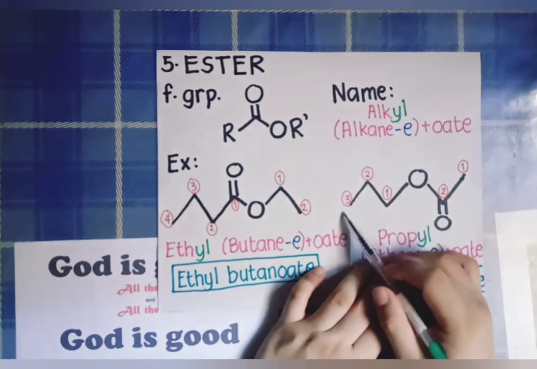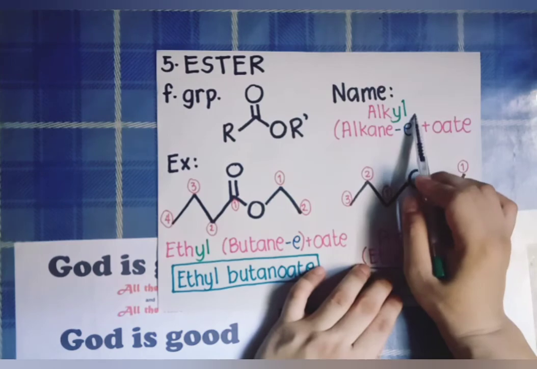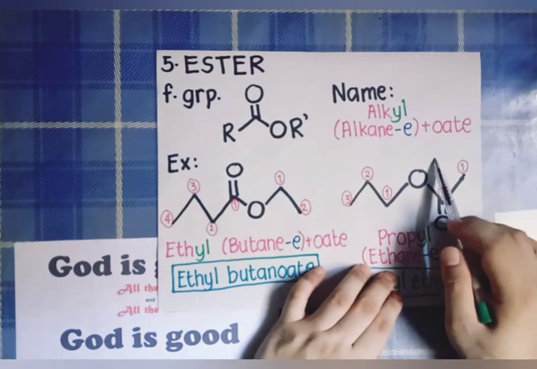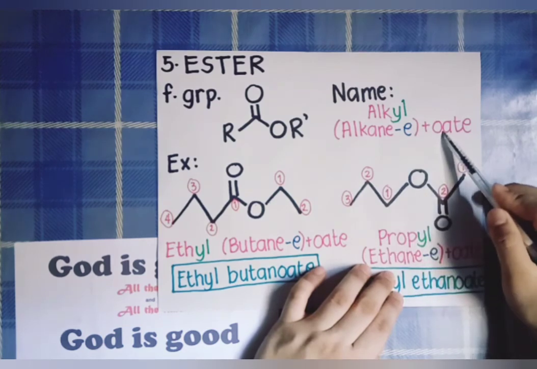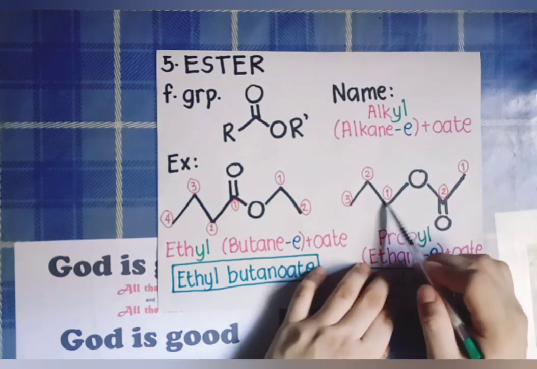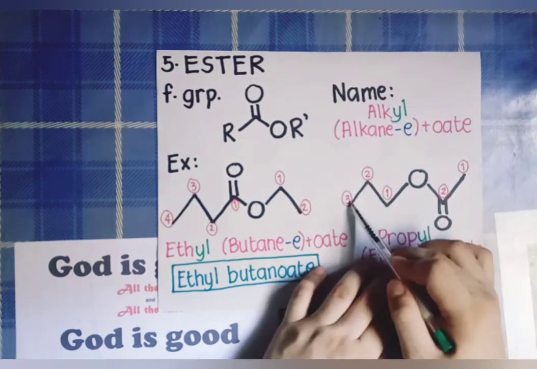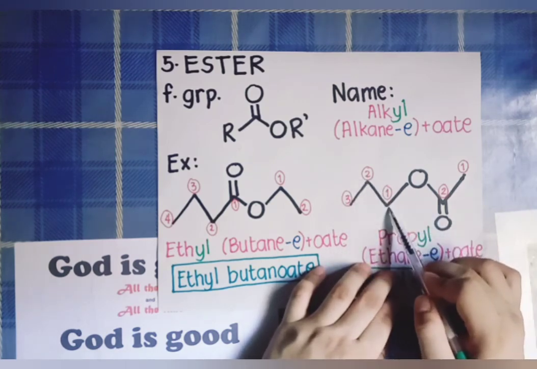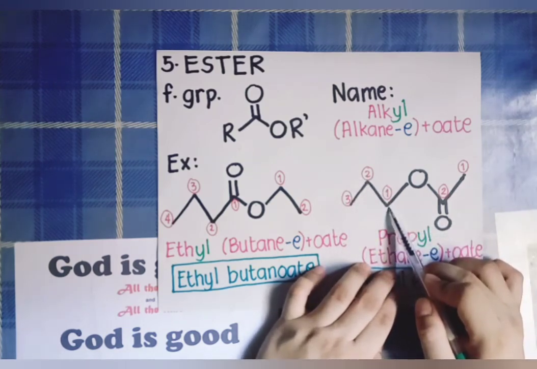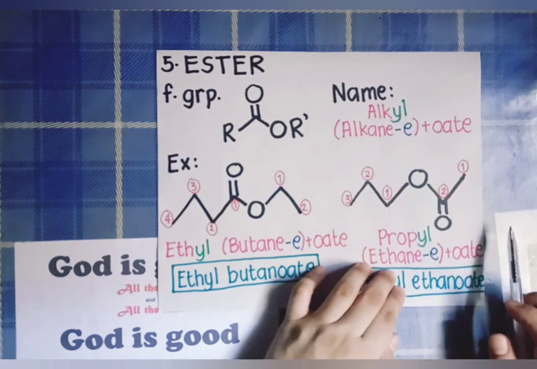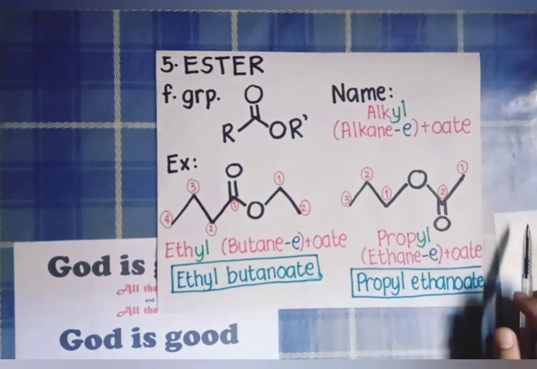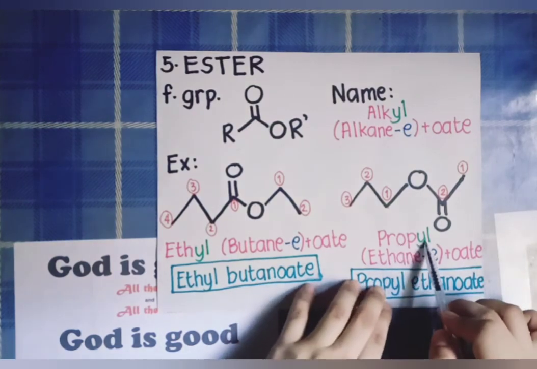Therefore, this side will be named as alkyl, and this side will be named as alkane minus E plus oate. This side consists of 1, 2, 3 carbon atoms, and therefore its name should be propane. However, our name should be alkyl, so we just get the prefix for propane, and that is prop. So that's propyl, not propane.